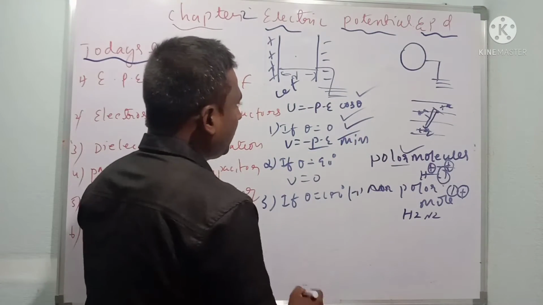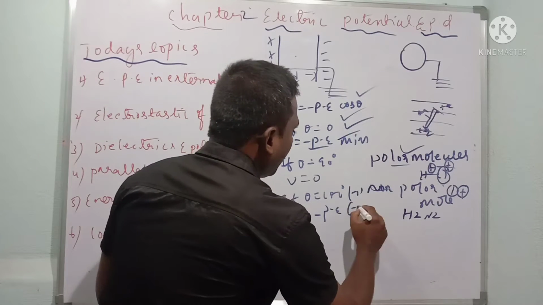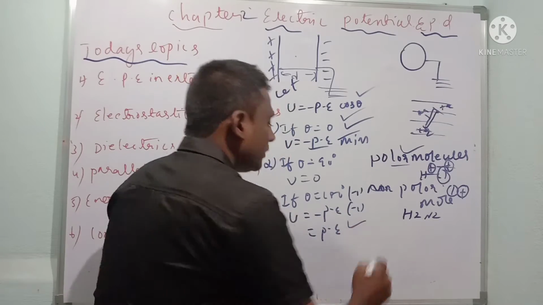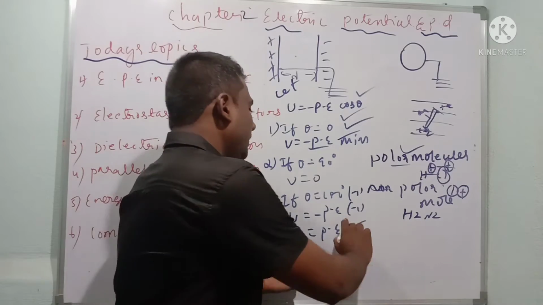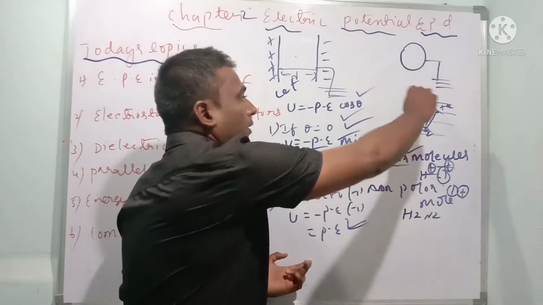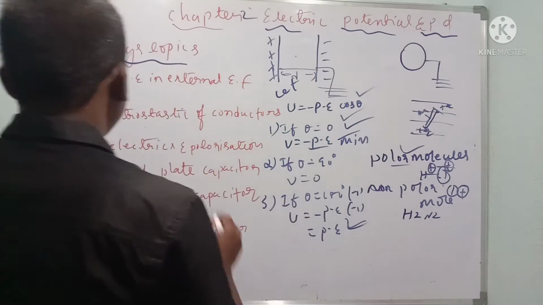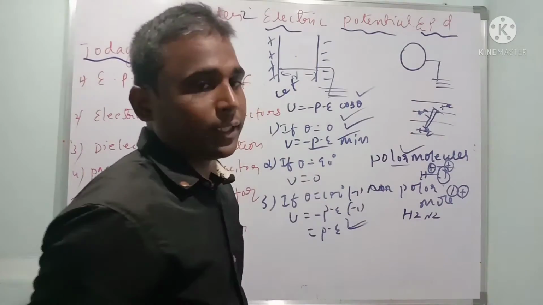If theta is equal to 180 degree, what happens? U is equal to minus PE cos 180, which means minus 1, minus into minus is plus. So it indicates that the potential energy will be maximum, and this is unstable equilibrium. They are going to be polarized. This is all about electric potential energy due to a dipole in the external electric field.